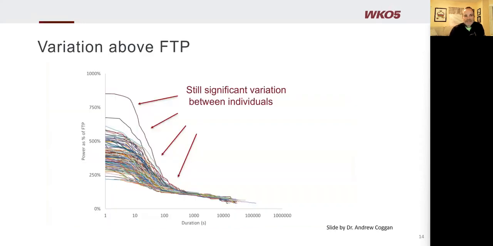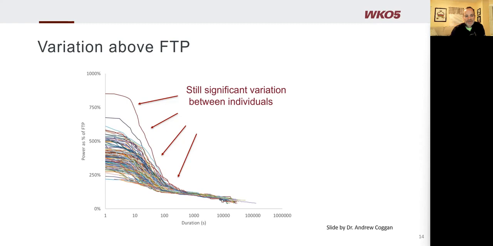But the reality is, as we've now had more time to study a lot of power data and really dig into power data, we realize that a large variation occurs, particularly at shorter intervals. So each one of these lines represents a single athlete, and it shows power as a percentage of their FTP.